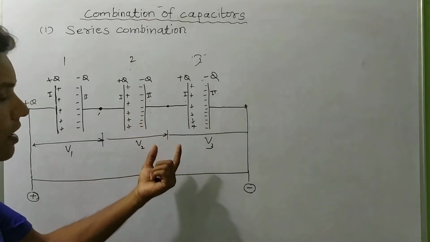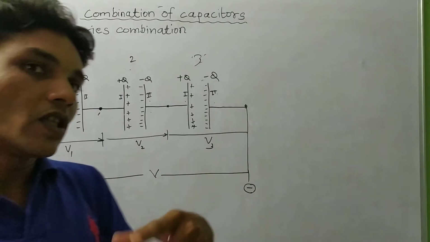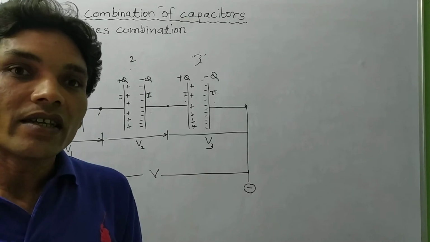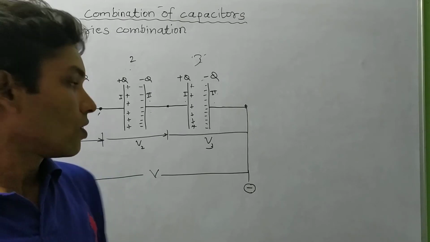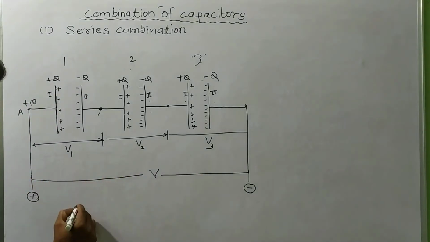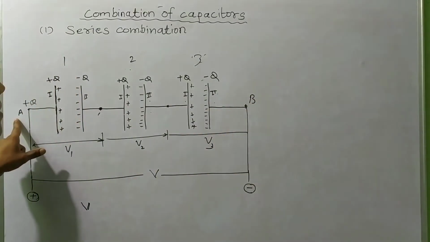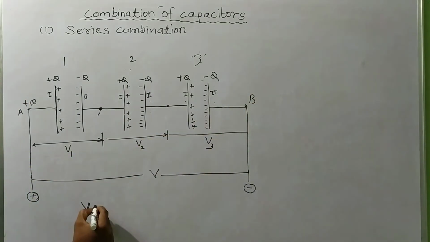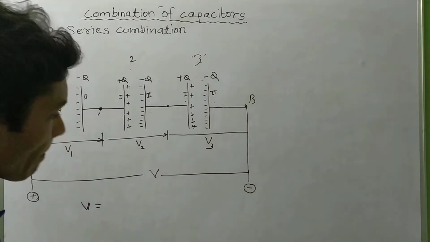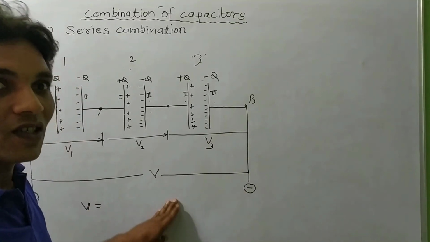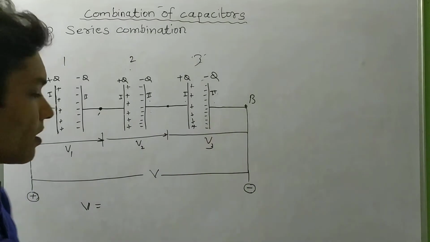Okay, so here potential is distributed. The quantity or the variable which is distributed, we have to find that one. So here potential is distributed, so we have to find the equivalent potential between point A and point B, and this potential is equal to V. So this applied potential must be equal to the sum of the potentials of each capacitor.